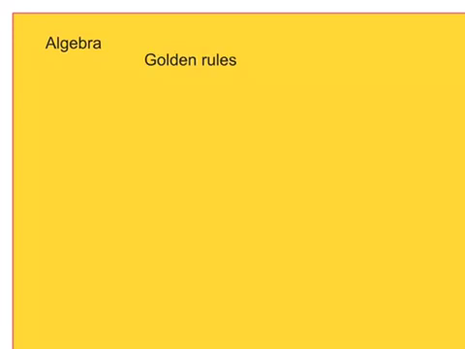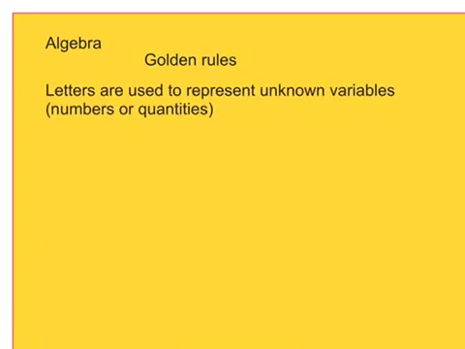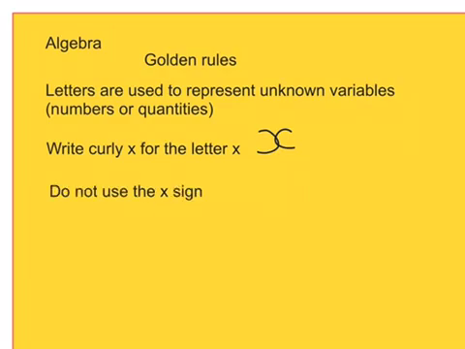So the golden rules for us to remember with algebra: letters are used, or it could have been symbols, but it's usually letters that are used to represent unknown variables. They could be numbers or quantities. Write a curly x for the letter x. Don't write the multiplication sign. If you want to write 3 times a, you write 3a.